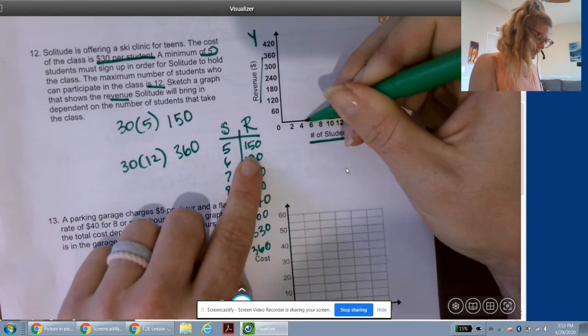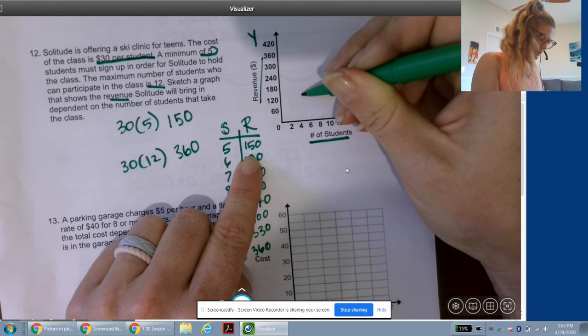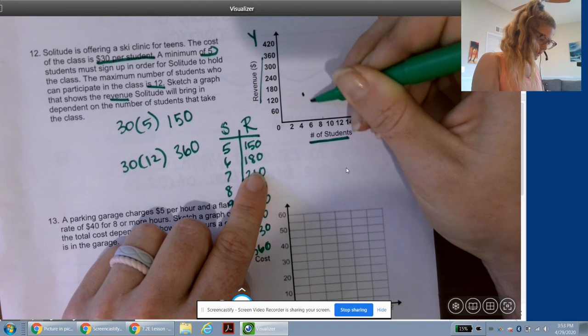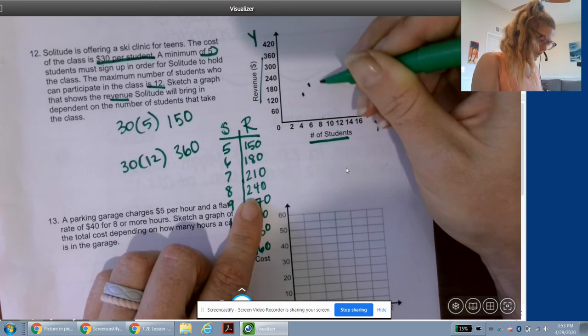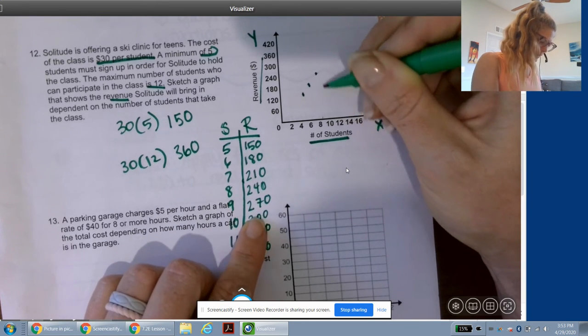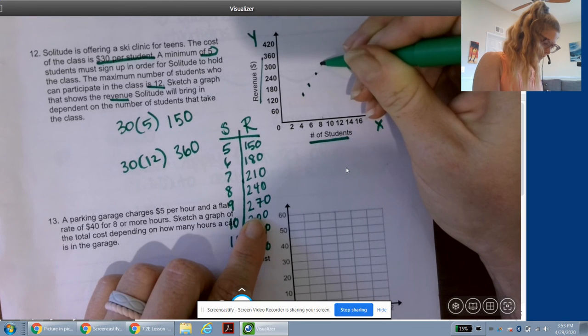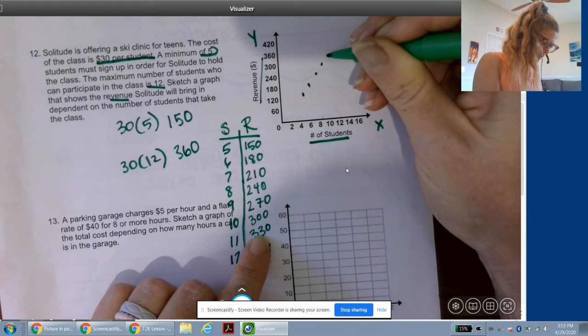Okay. So, taking a look here, we're going to have a discrete graph. Between 4 and 6 is 5, so I'm going to go to 5 and then 150. Here-ish, 6, 180, 8, 240, 9, 270, 10, 300.